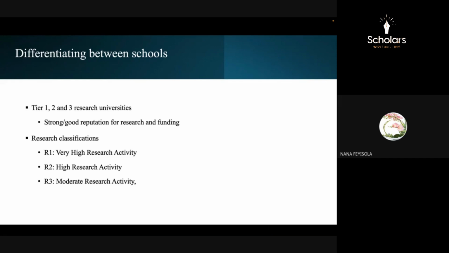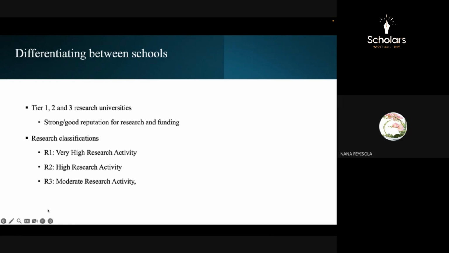But then we have different research classifications. The first one is R1. If you meet some people, they'll tell you, oh, my university is an R1 university. R1 means it has very high research activities. And there are some schools that are rated R2, which have high research activities, not as high as R1.